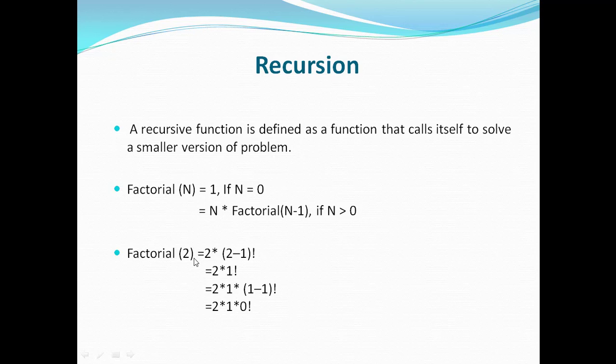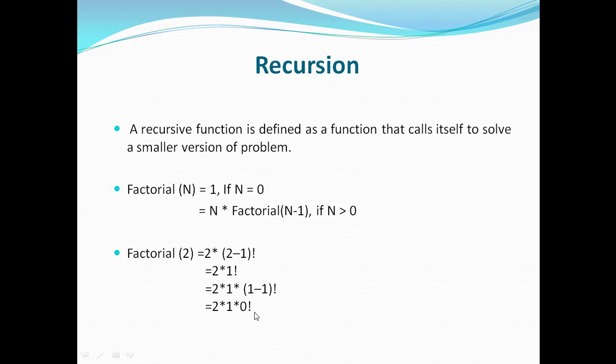factorial of 2 is not equal to 0, so it becomes 2 multiplied by factorial of 2 minus 1, which is 1 factorial. Then 1 factorial is again calculated: 1 multiplied by factorial of 1 minus 1, that is 0 factorial.